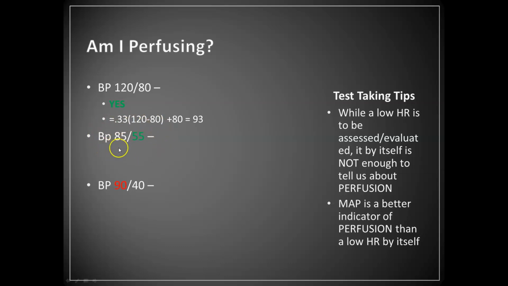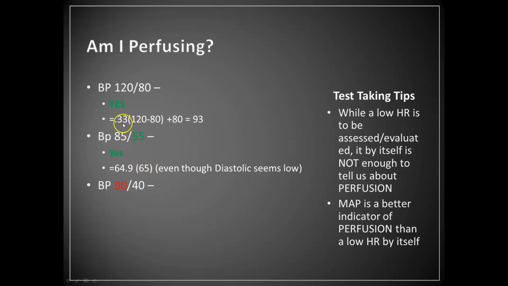When I look at these ones, I'm like, oh my goodness, it's 85/55, or it's 90/40. And it doesn't seem like such a stretch, but when we look at the MAP, it makes a ton of difference.